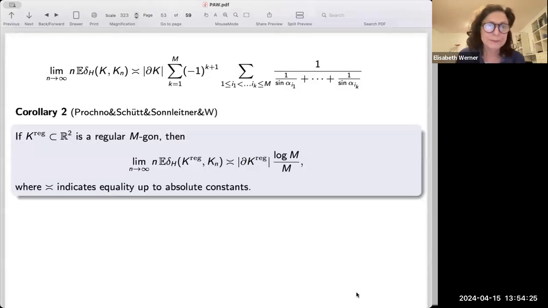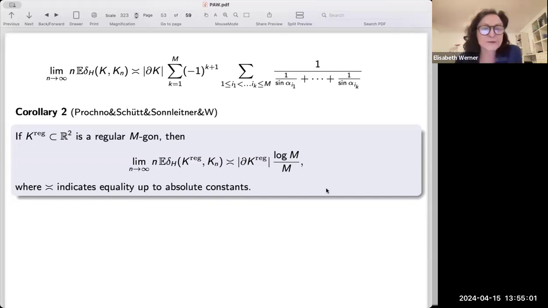And if it so happens that we have a regular polygon, that's what the next corollary is about. So if we have a regular polygon in R2, which I'll denote like so, K regular, that is, all the inner angles alpha i are the same, then this expression here involving the sum of the inner angles simplifies further, and it finally reduces to the expression here.